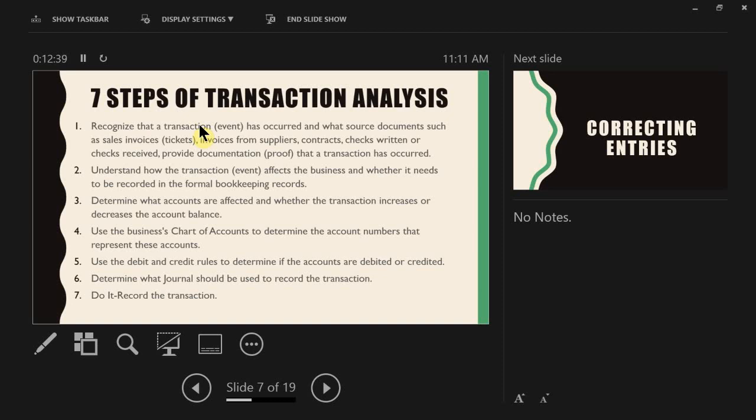And then the second thing is you're going to understand how this transaction affects your business. If it's a water bill for your house, does that affect your business? No, because that's for your personal asset, your personal home. But if it's a utilities bill for the building that you're renting, for the store that you're operating, then yes.